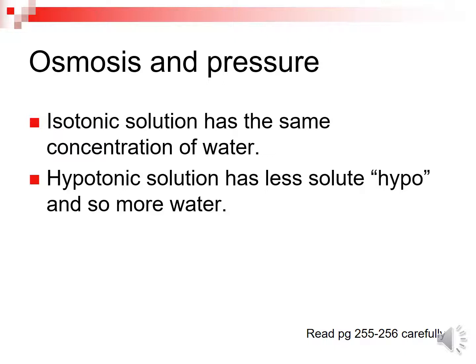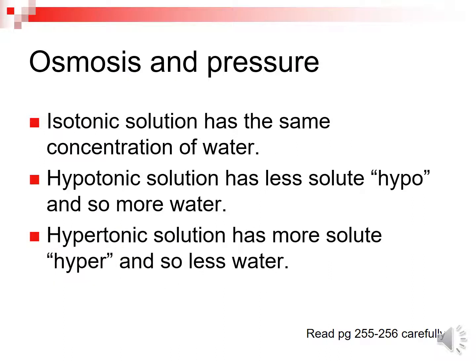Water will tend to move out of a hypotonic solution. Water will tend to move into a hypertonic solution because the solution has more solute. And because it has more solute, it has less water. Make sure you read the pages in the book about isotonic, hypotonic, and hypertonic.